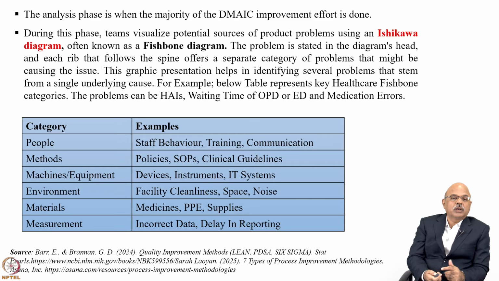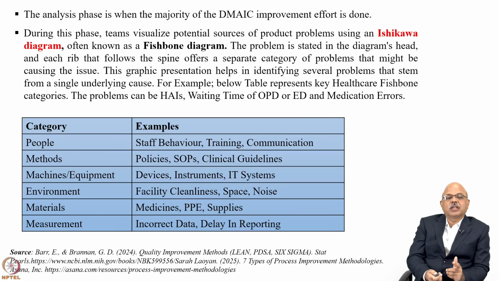The methods can be hospital or healthcare policies, the SOPs (standard operating procedures), the clinical guidelines which have been defined, or the formularies stated on paper or on the system. The third and very important bone is machines: equipment, devices, instruments, and even the IT systems, which have been developing a lot and make this bone thicker.